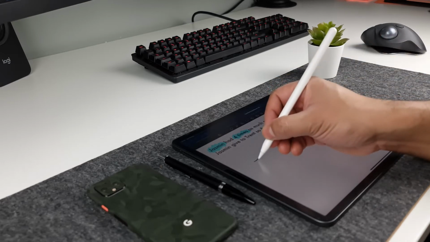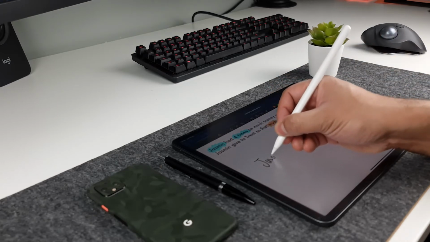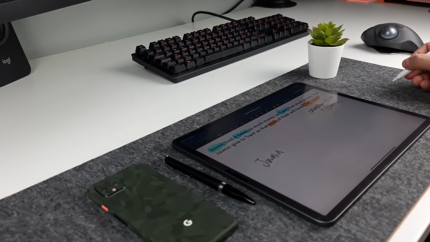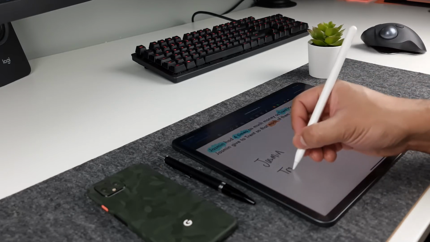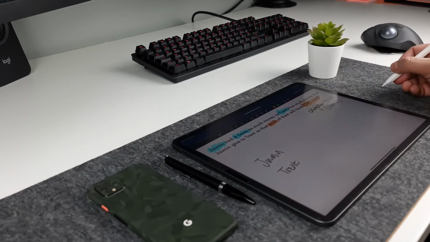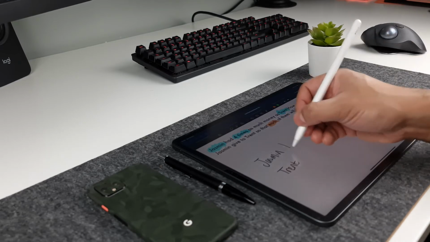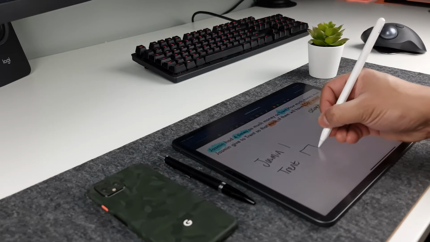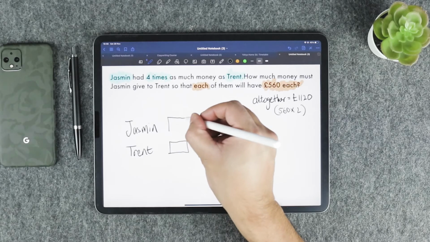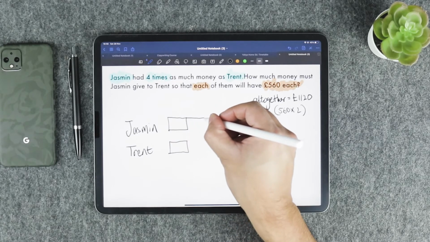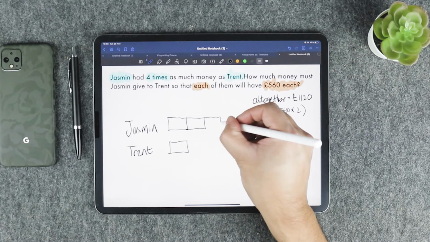So I'm going to write J for Jasmin, or I might write the whole thing, Jasmin, and I've got Trent, and I'm going to show that Jasmin had 4 times as much money as Trent. So I'm going to have 1 bar for Trent, and 4 lots of those bars for Jasmin.